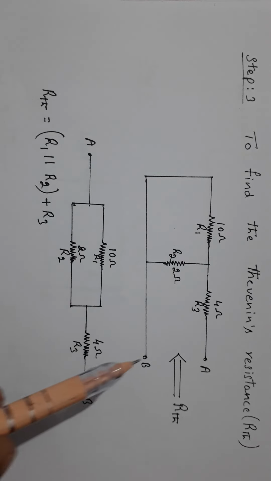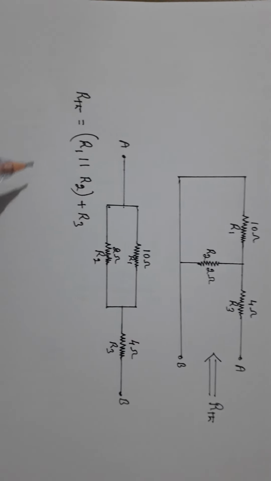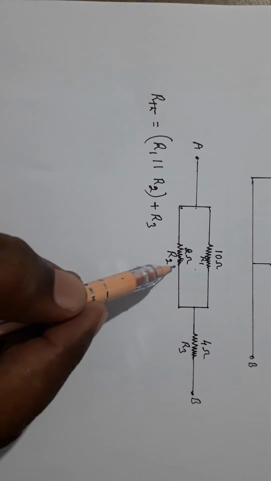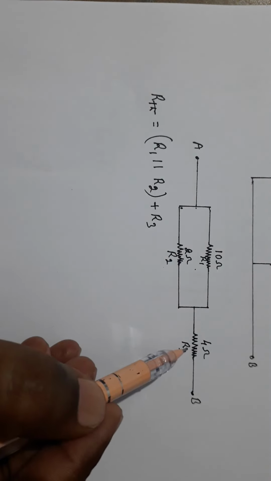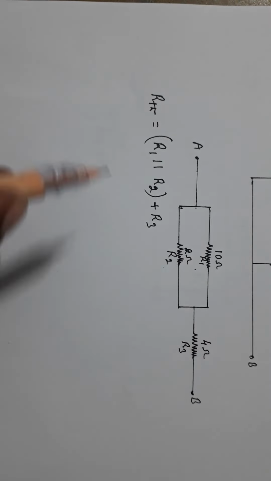The circuit looks like this. Therefore, RTH equals R1 parallel R2. These two are connected in series with R3, that means plus R3.